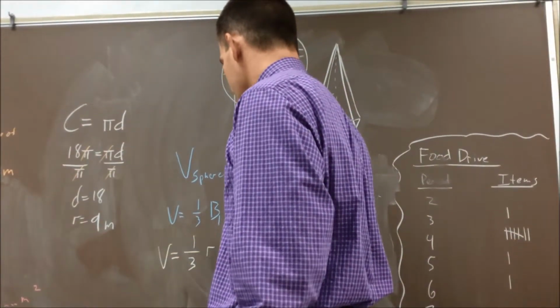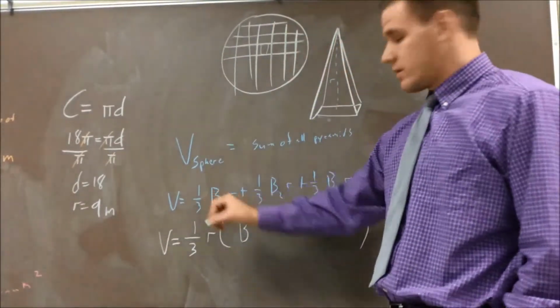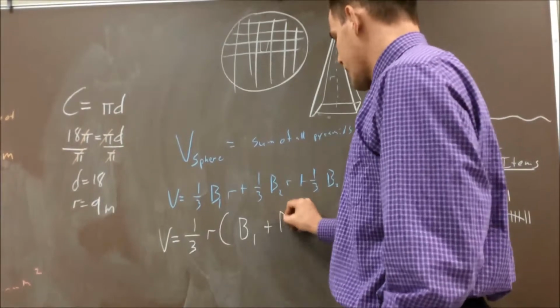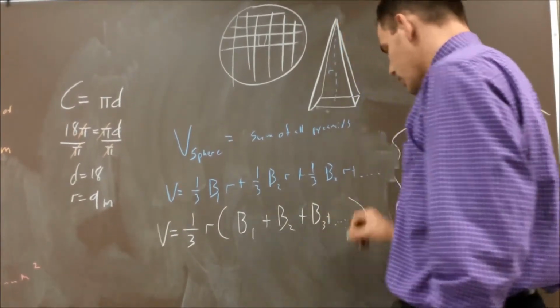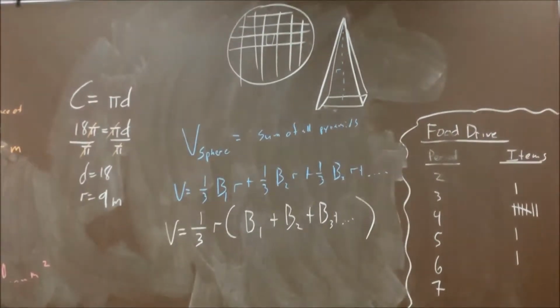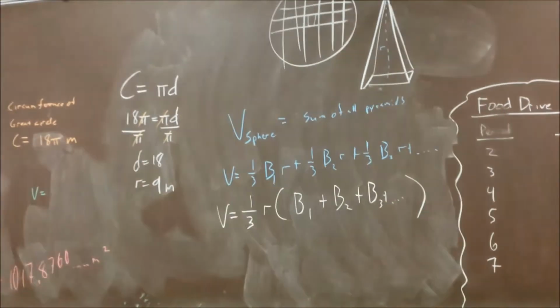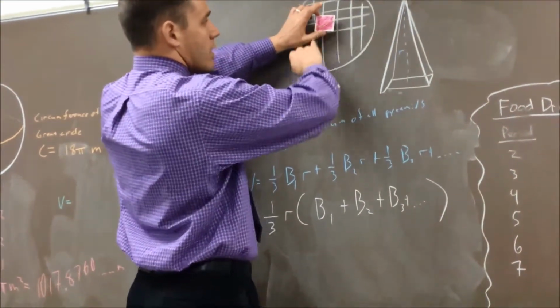1/3 and the radius. So this is the area of the base for the first one, plus the area of the base for the second one, plus the area of the base for the third one, plus all of those things. All of those bases, though, are these squares, right?